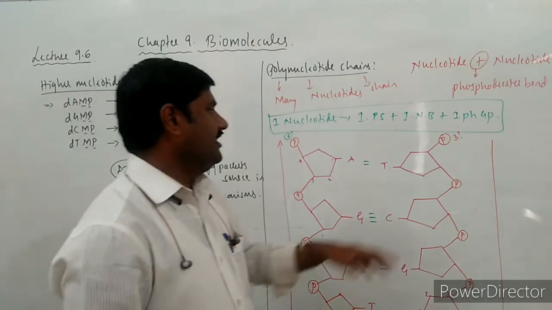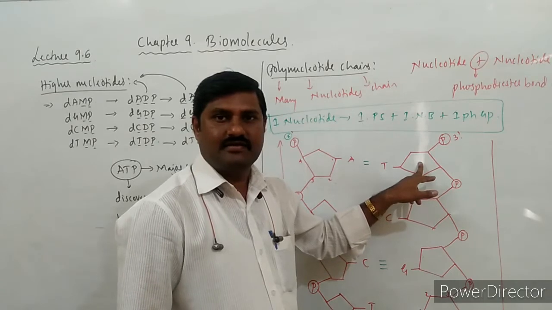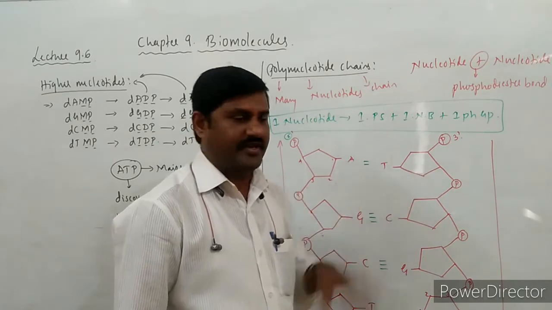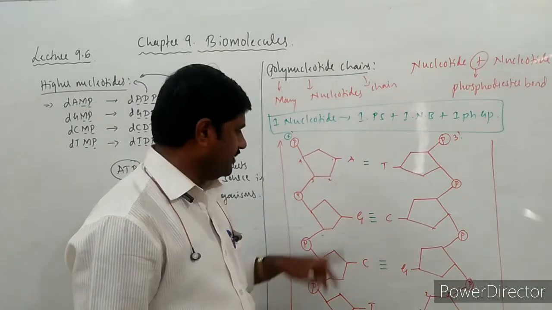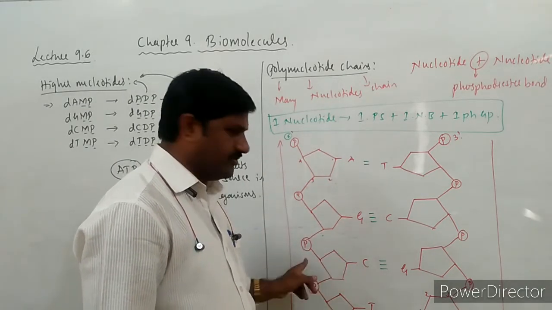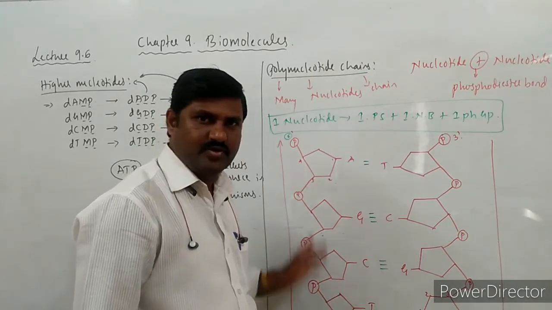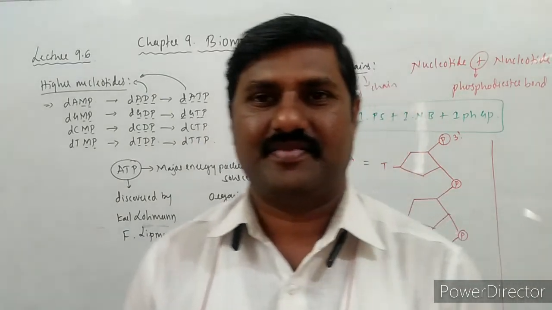That is deoxythymidine monophosphate. This is deoxyadenosine monophosphate, deoxyguanosine monophosphate, deoxycytidine monophosphate, deoxythymidine monophosphate. So like this, the names are okay.